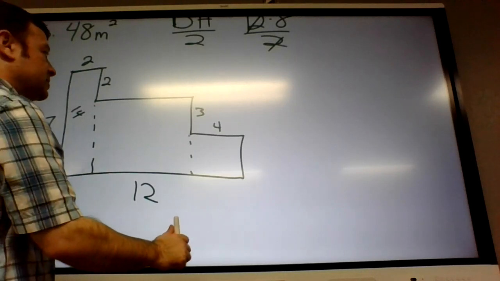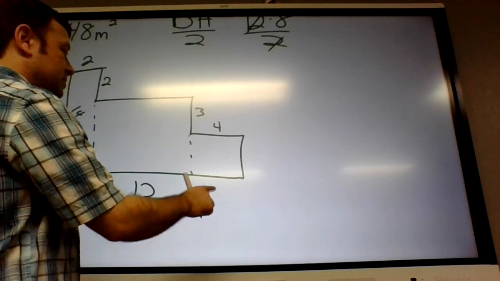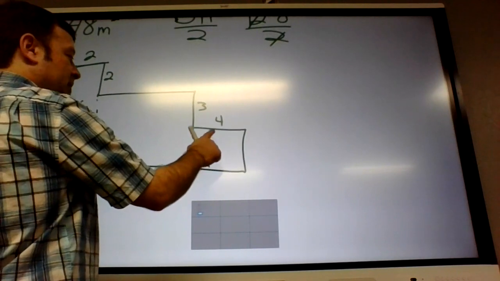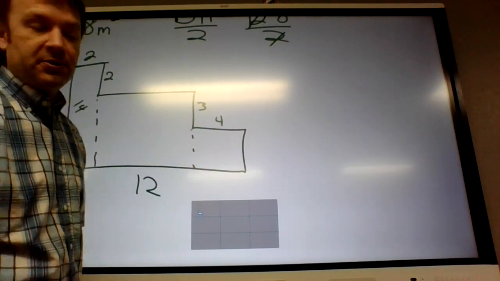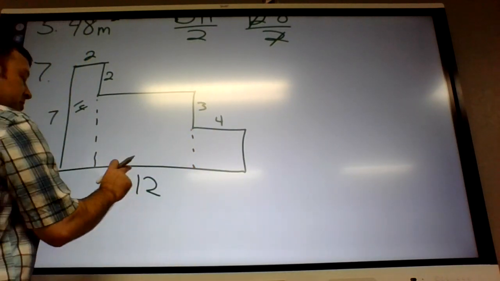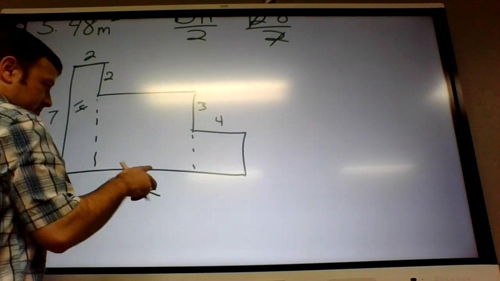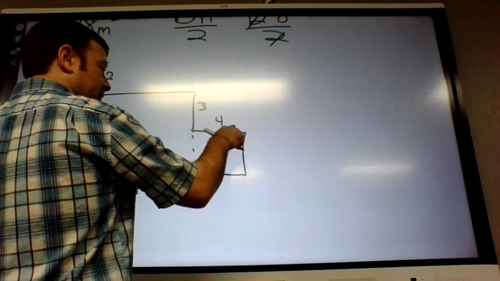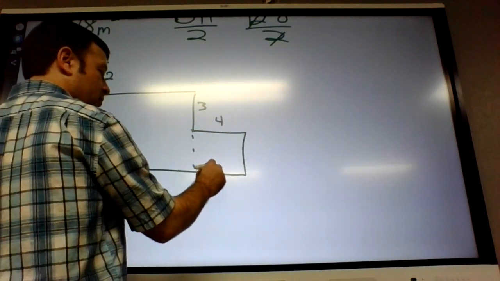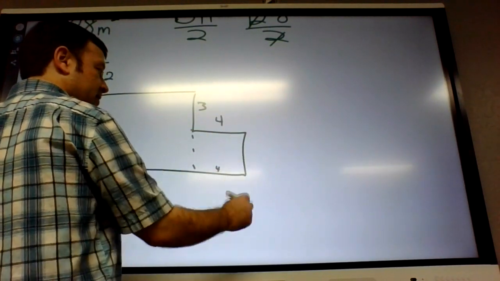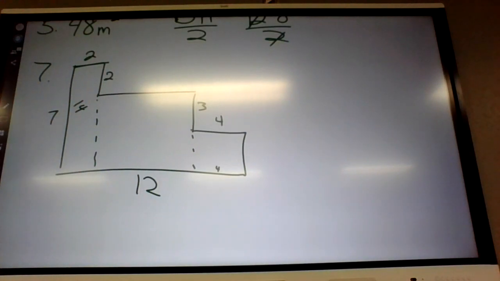Well, let's go over to this thing. Now the way I drew it looks like a square, but that's just because I didn't draw it very well. It's supposed to look more like a rectangle. I know the base is 4, but how do I find the height there? You do 7 minus 2 minus 3. The height of the whole thing, if you think of this like a building, is 7.